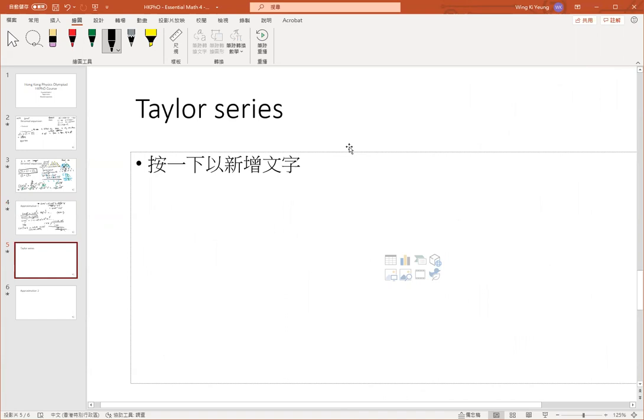The Taylor series just says that any well-defined function can be written as an infinite series of polynomials. Actually, the form will look like this.